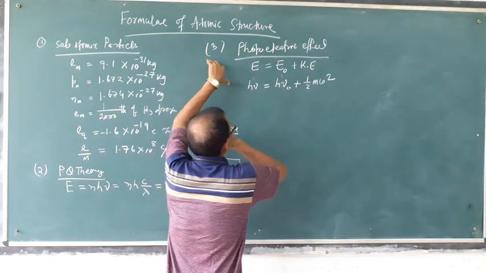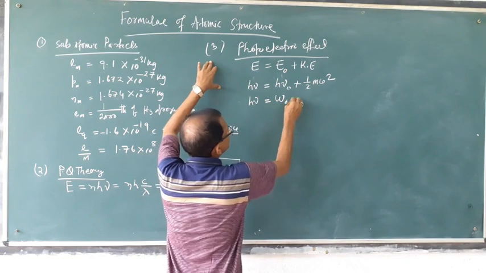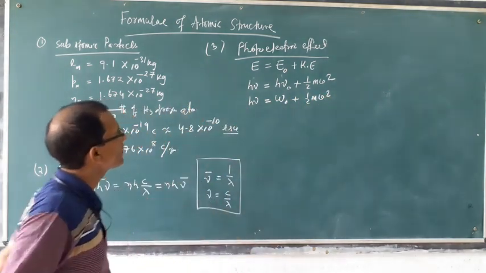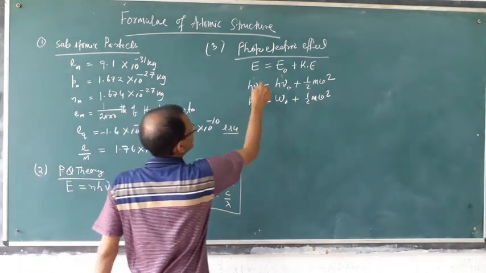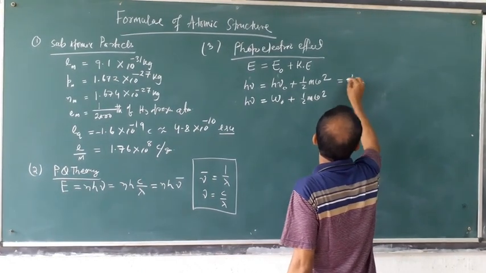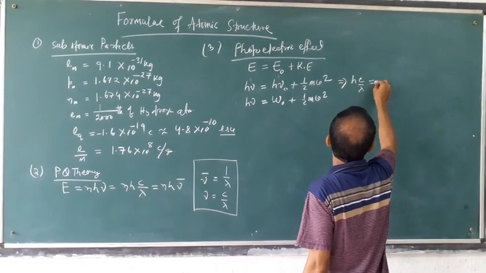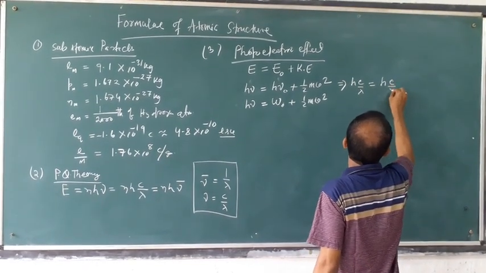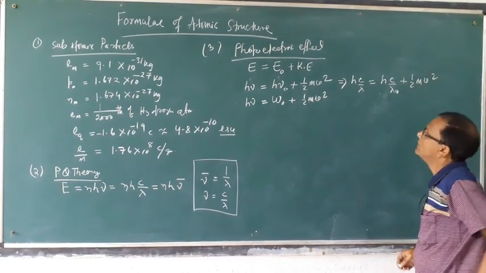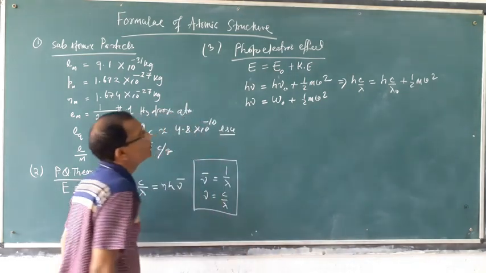It is also written as h nu is equal to w0 plus half mv square. And this equation is also written as hc by lambda is equal to hc by lambda 0 plus half mv square. You can also remember these different formulas of photoelectric effect.